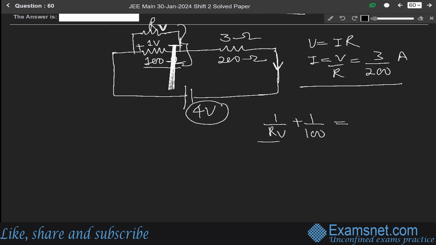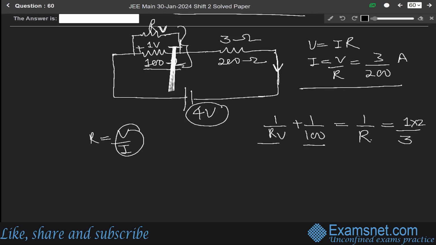1 over RV plus 1 over 100 will be equal to 1 over R. 1 over R means R equals V over I. So V over I means voltage is 1 volt over current is 3 over 200.